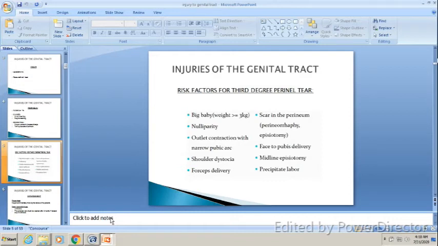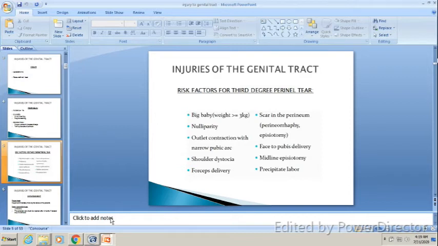So chances of injuries are more. Nulliparity, that is rigid perineum. Outlet contraction: when the outlet is very contracted, the baby will not come out easily, and it will cause severe perineal injuries to push the baby out. Narrow pubic arch also comes under outlet contraction.